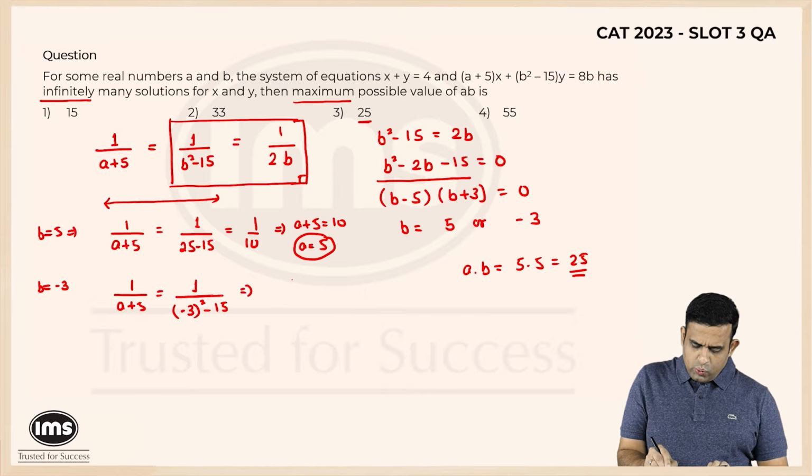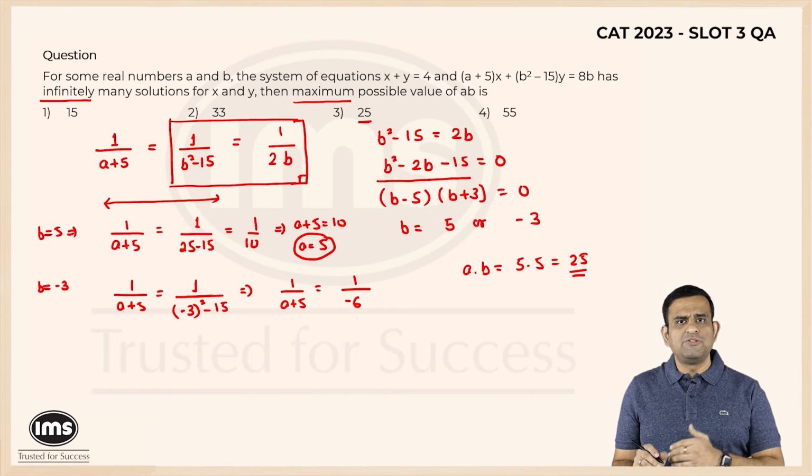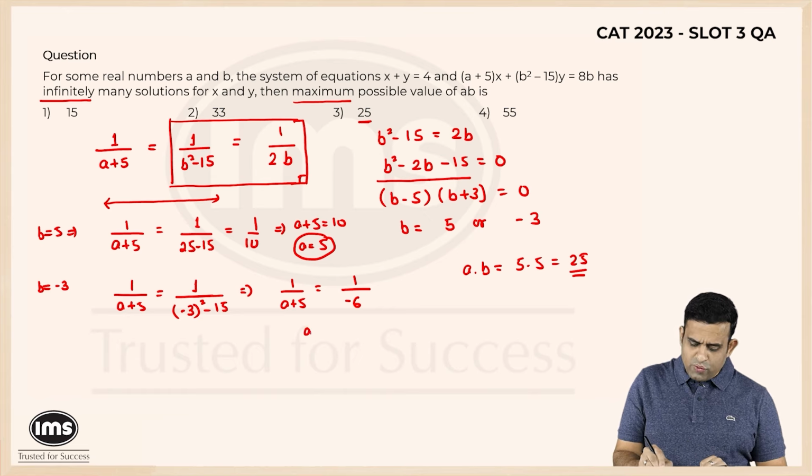This gives 1 upon a plus 5 equals 1 upon 9 minus 15, which happens to be -6. If you solve for this, one will get a plus 5 as -6. That will give you the value of a to be -11.